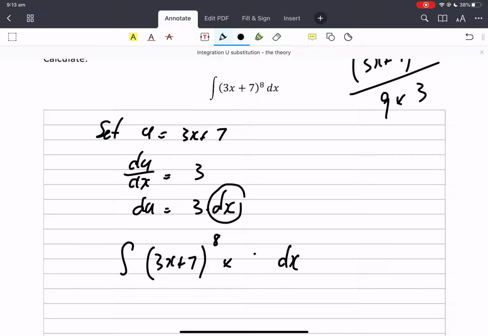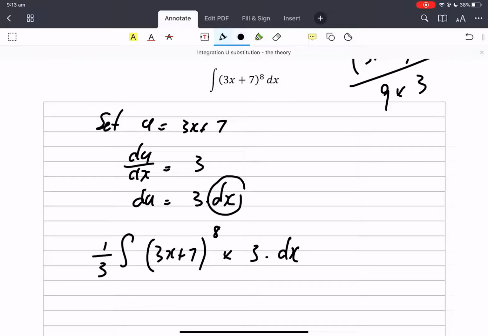I'm going to multiply by 3 and divide by 3 all at the same time. So that's 3 on 3, 3 on 3. So I'm just multiplying by 1, but some inside the integrand and some outside of the integrand. We know we can do that. There's a linear rule of integration there.